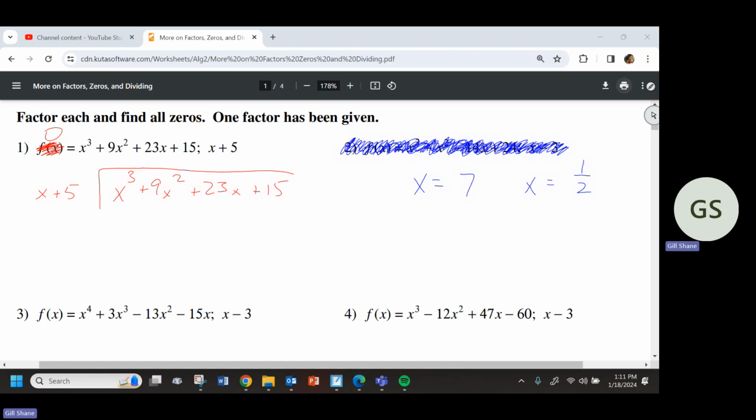Here is another packet that has problems that you can work all the way out and get solved for the zeros.